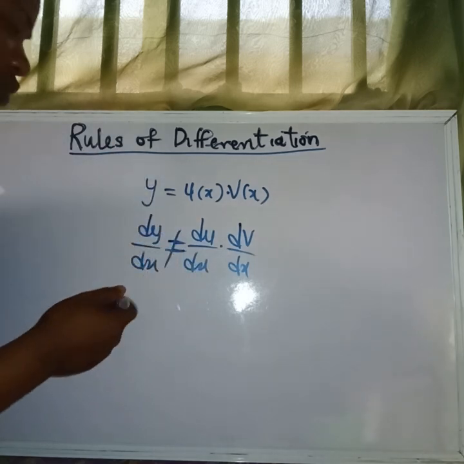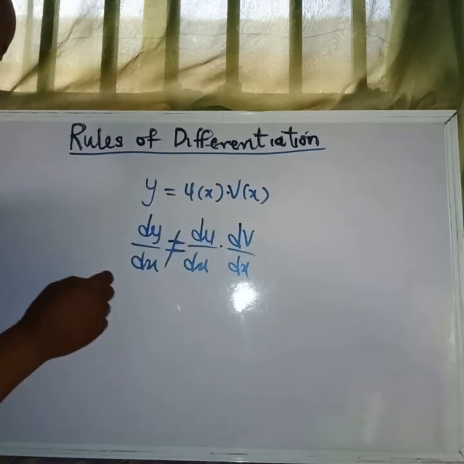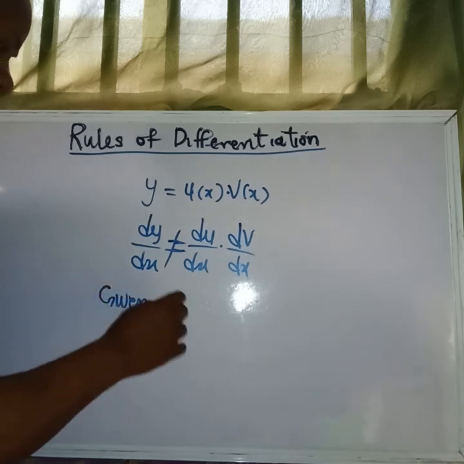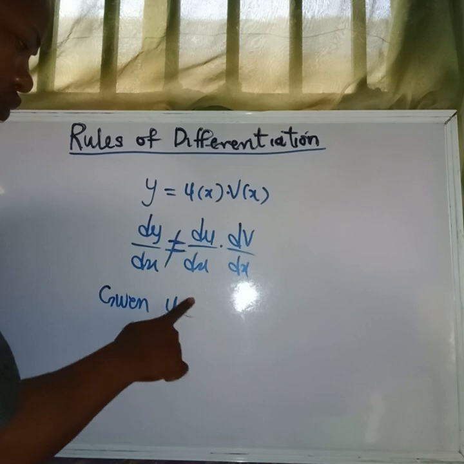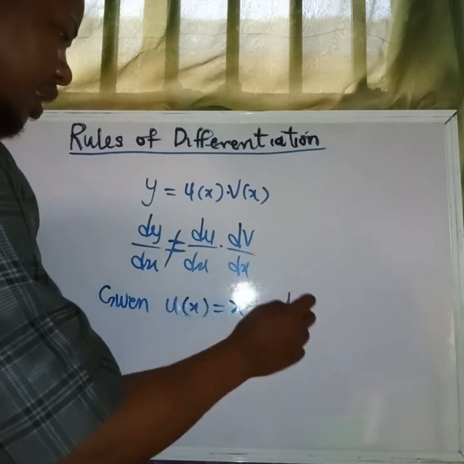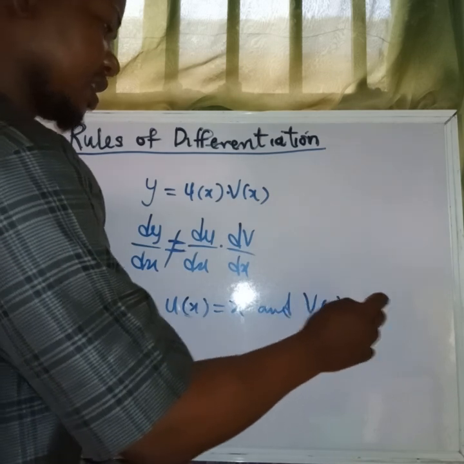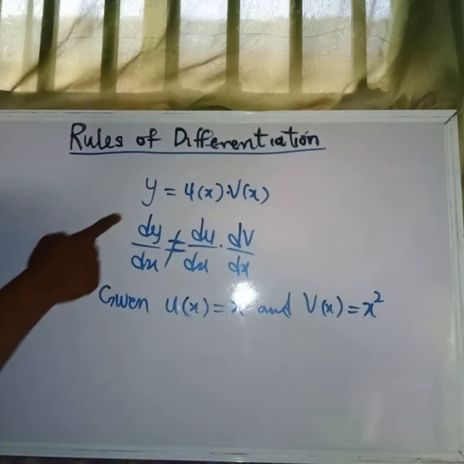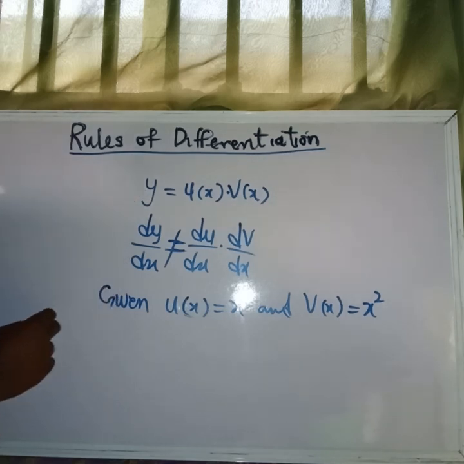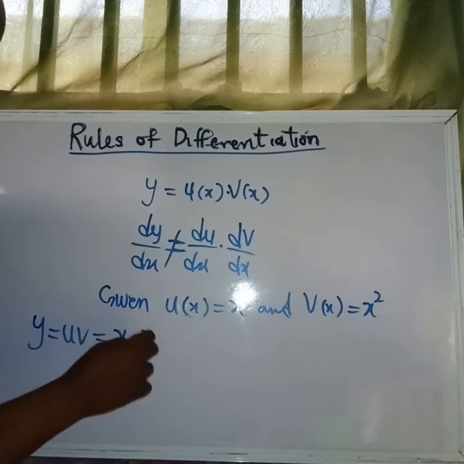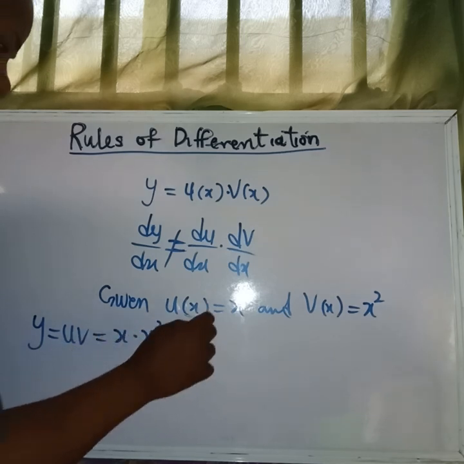A simple example to see that this is not the case: suppose you are given two functions, u of x is x, for example, and v of x is x squared. If you find the product y, which is uv, it will be x multiplied by x squared, and this is x cubed.